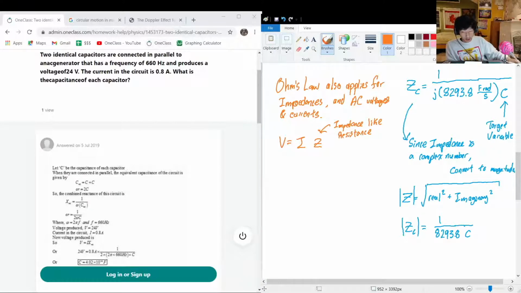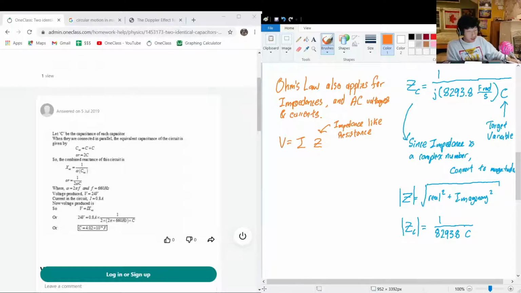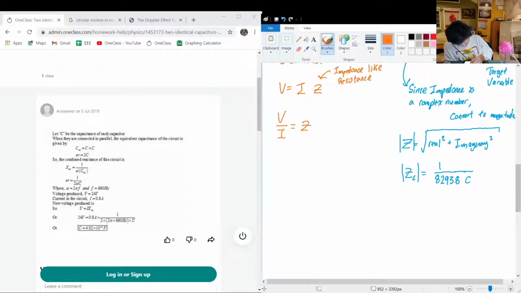We're trying to solve for C here, and C is a component that makes up Z, so we want to isolate Z. So V over I is equal to Z, and we know that Z is going to be equal to 1 over 8,293.8 C. Now if we're trying to isolate C, we bring the C to the other side, and everything else can stay.